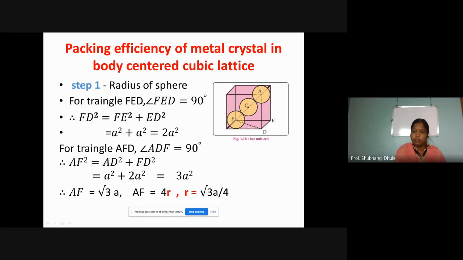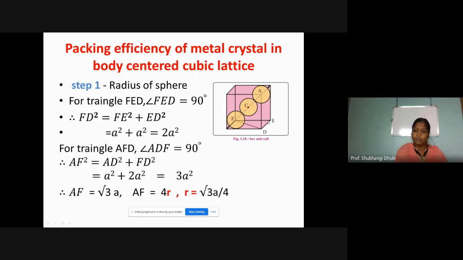So FD square is coming as 2a square. This is important. Once we know FD, we take the triangle AFD.